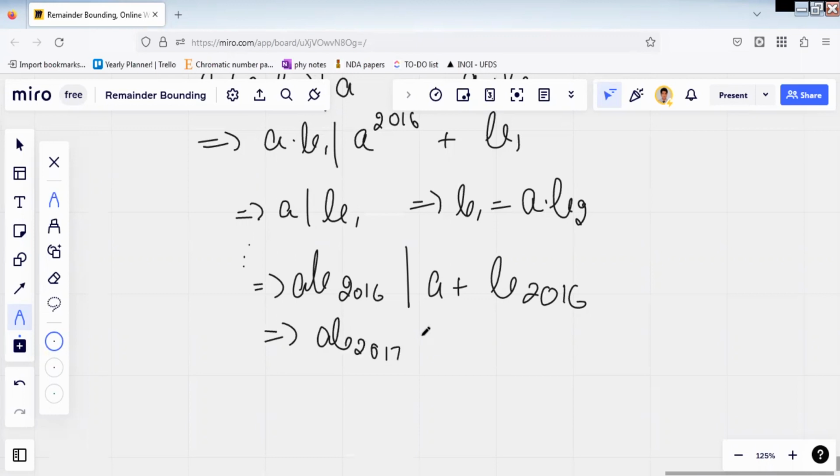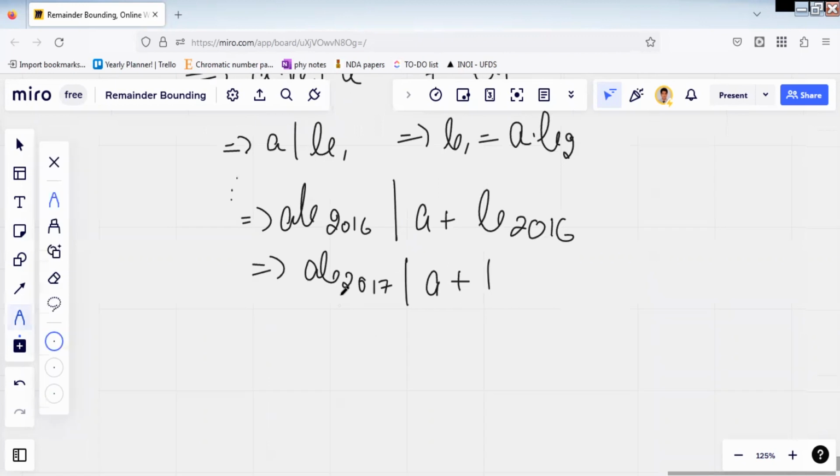So A divides A to the, sorry. Okay, what now? I mean, now A is not left, right? A is just gone. Wait, you have an A here, right?